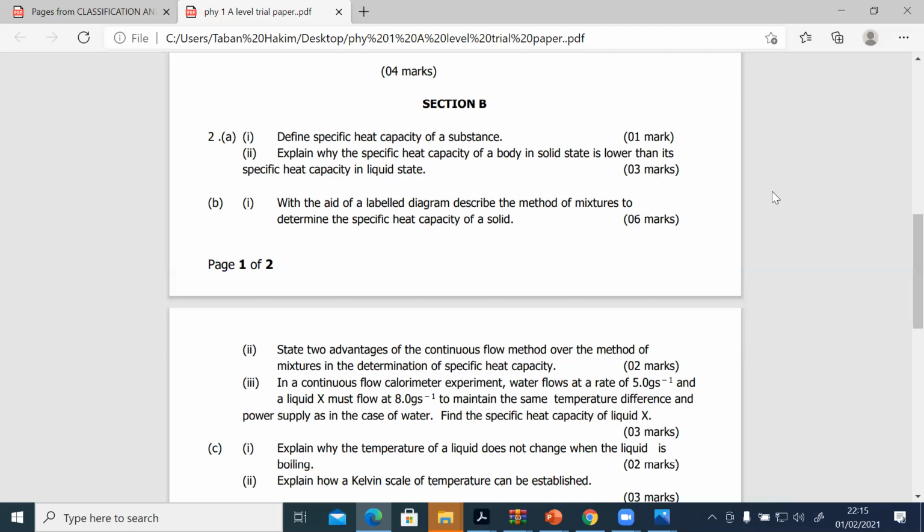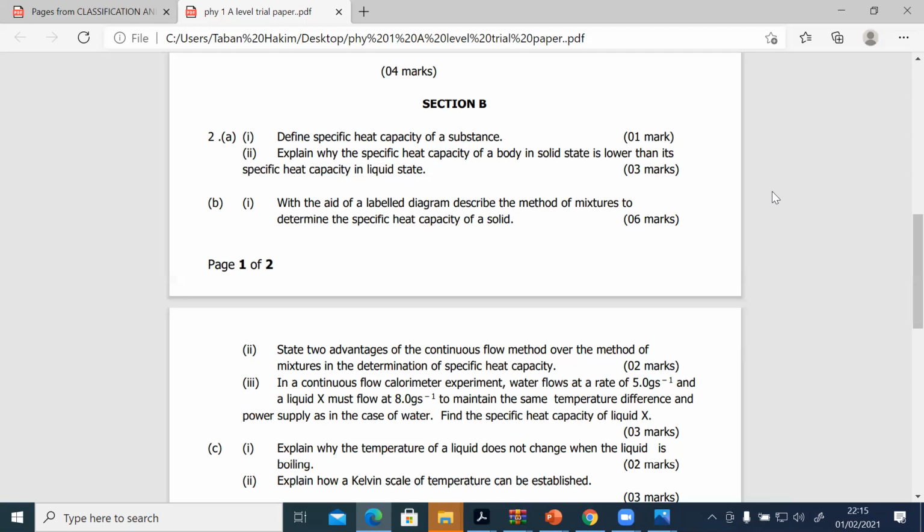What did you say here? Anyone? The molecules of a body in solid state are more tightly packed than when it's in liquid state. Hence, a lower surface area is needed to cover for heat transfer.